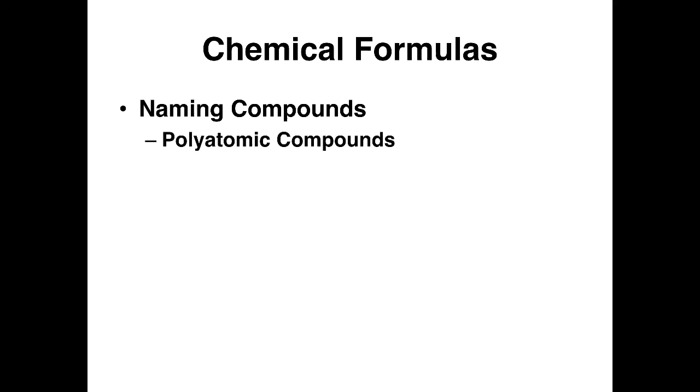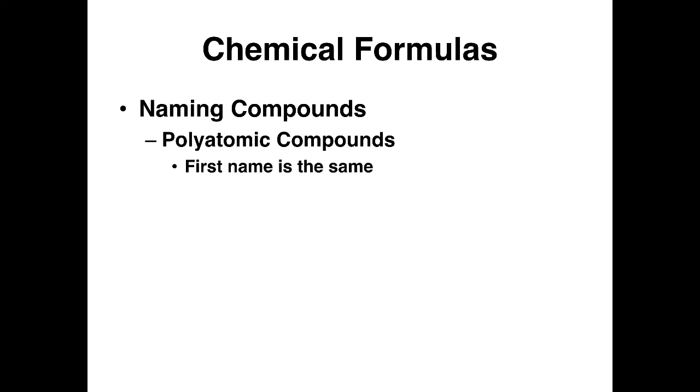Now, the third possibility are the polyatomic compounds, and remember I said that polyatomic means they have more than two atoms involved. A polyatomic ion, this was on your quiz, is a group of elements that travel together that act as a single ionic substance.